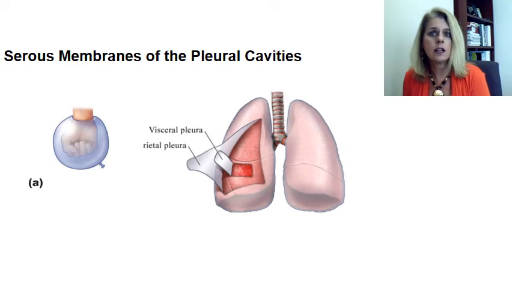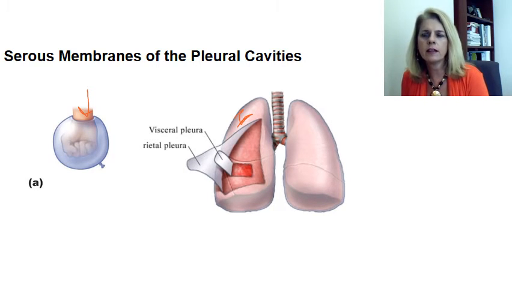All right, let's look at the serous membranes of the lung. Again, let's put our hand down in a balloon. If you were to take the lungs and put them down in a balloon, you get two layers again. The layer that's lining the pleural cavity is called the parietal pleura. Parietal means wall.